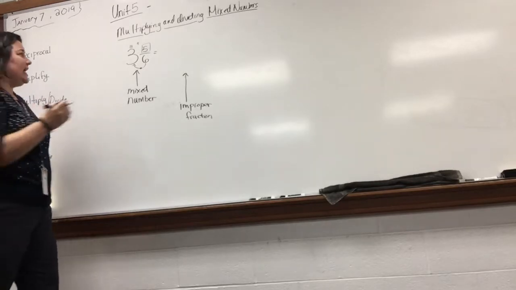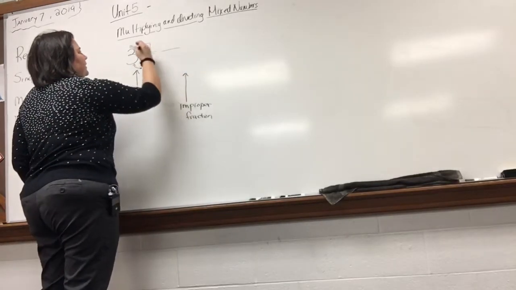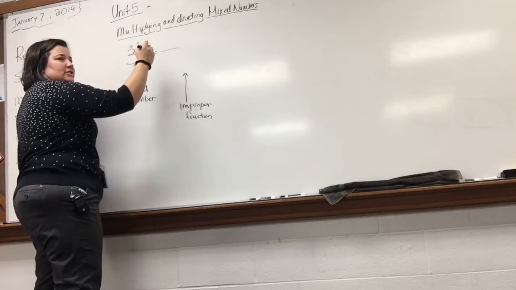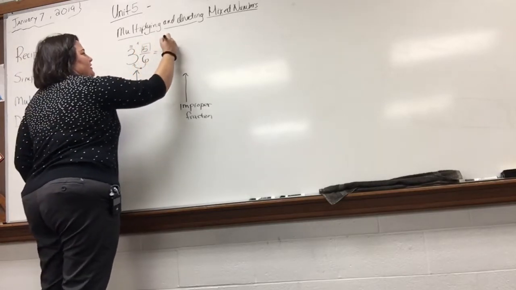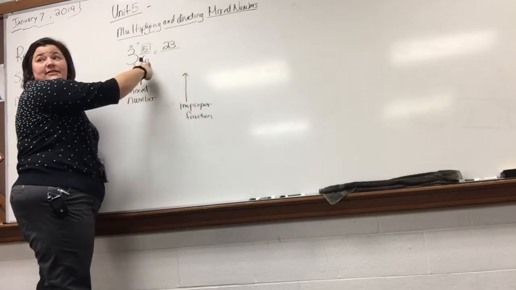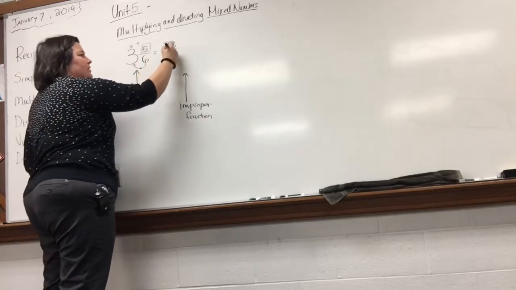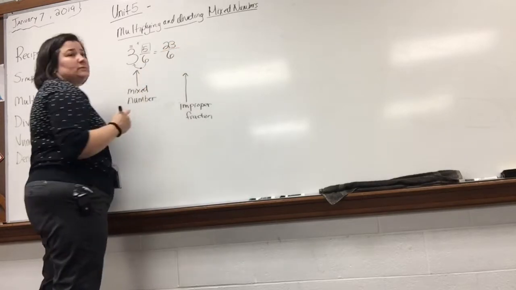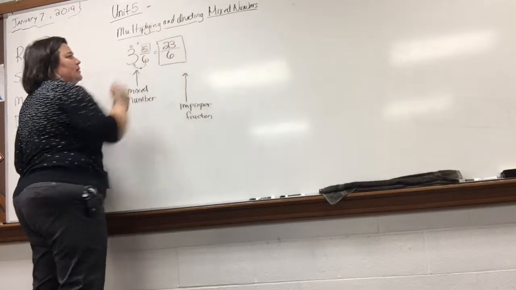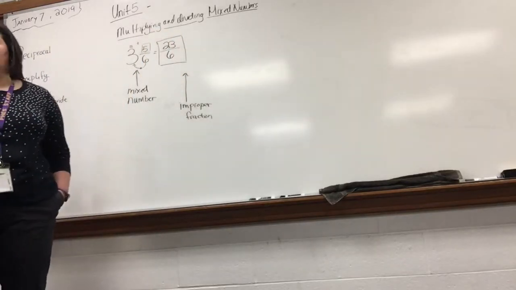So we take 18 plus 5. 18 plus 5 is 23. Our denominator stays the same. 23/6. Okay, and that is the improper fraction we'll use.